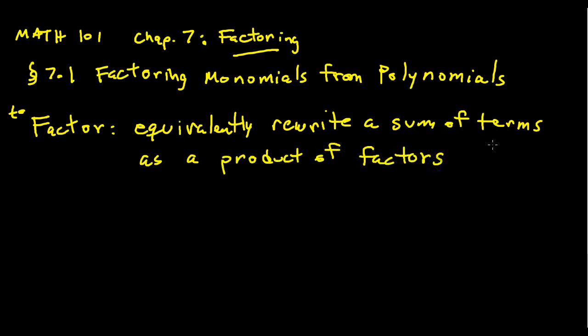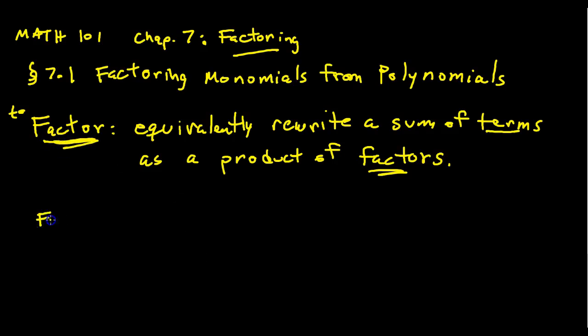Notice a term is a piece or an element of a sum, and a factor is a piece or element of a product. So we start out with sums and typically end up with factors when we factor an expression.